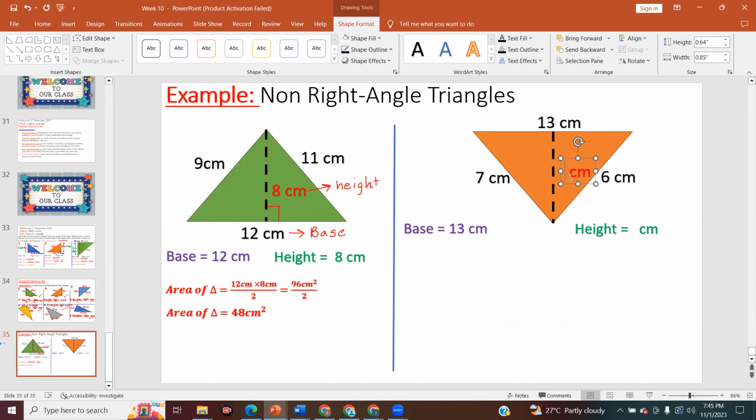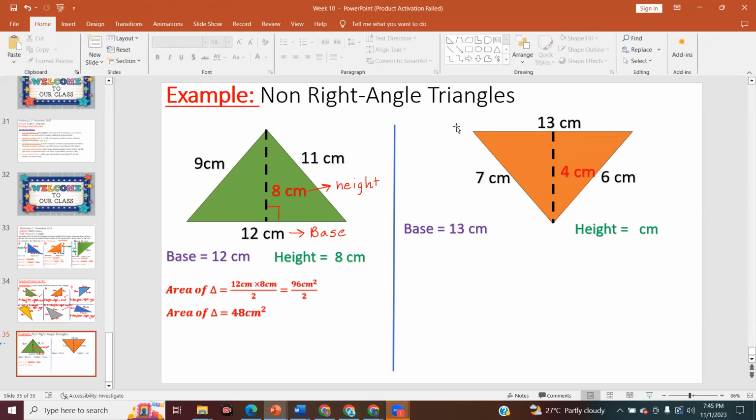I'm not using 6, the 6 is already down. Let's say 4. So the height in this case would be what? 4 centimeters.